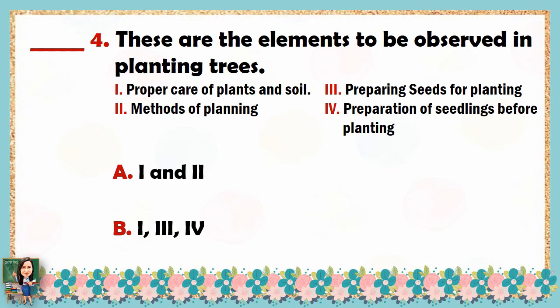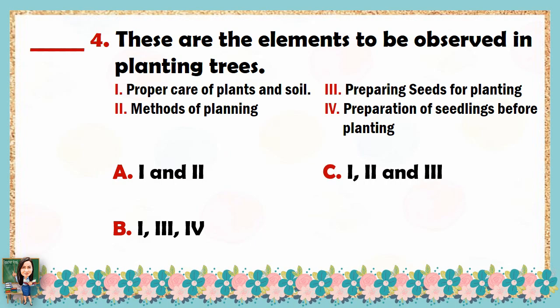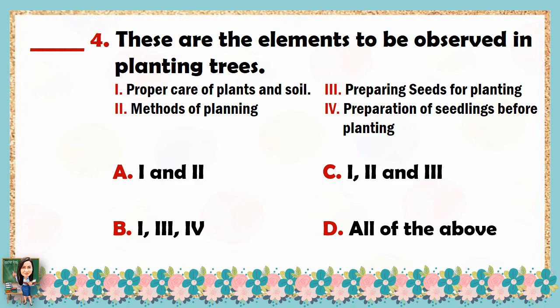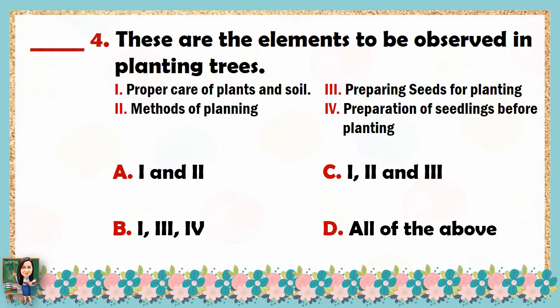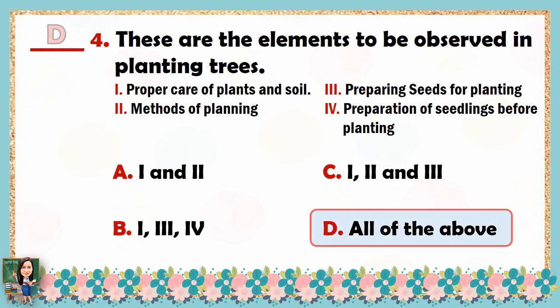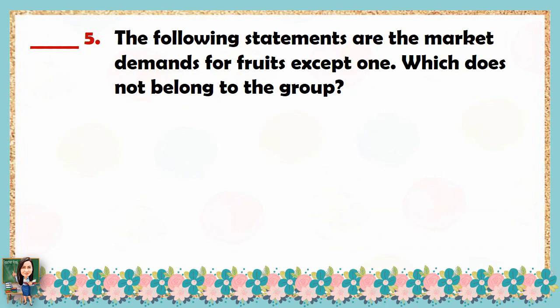B. First, third, and fourth elements? C. First, second, and third elements? And letter D. All of the above. What is the correct answer? Very good. The correct answer is letter D. All of the above.